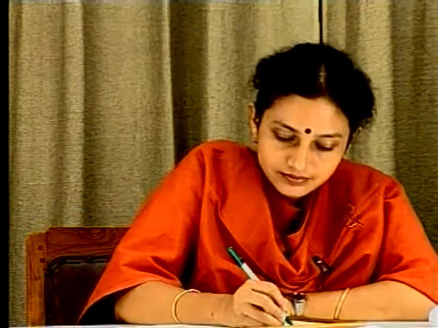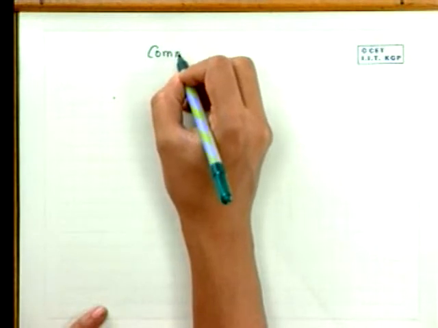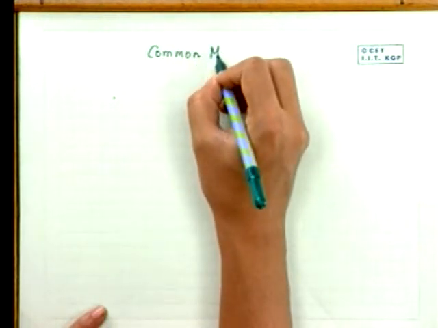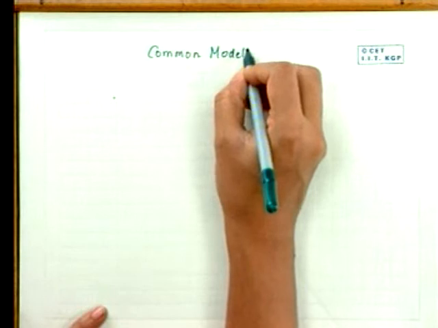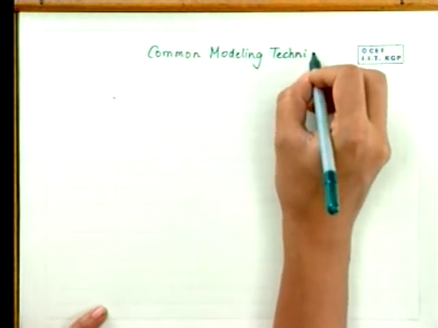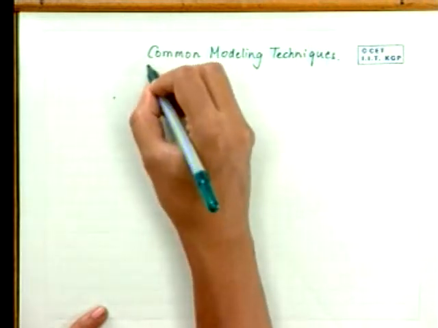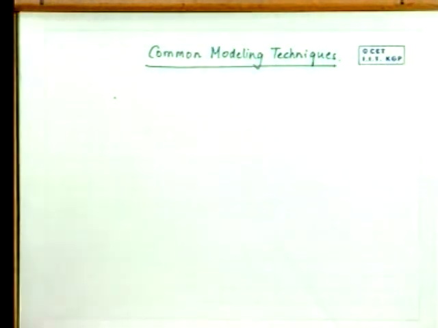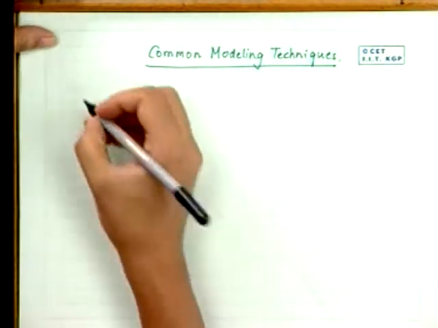Now we come to some common modeling techniques, the ways of modeling the structural relationship. First, we come to modeling simple dependencies.